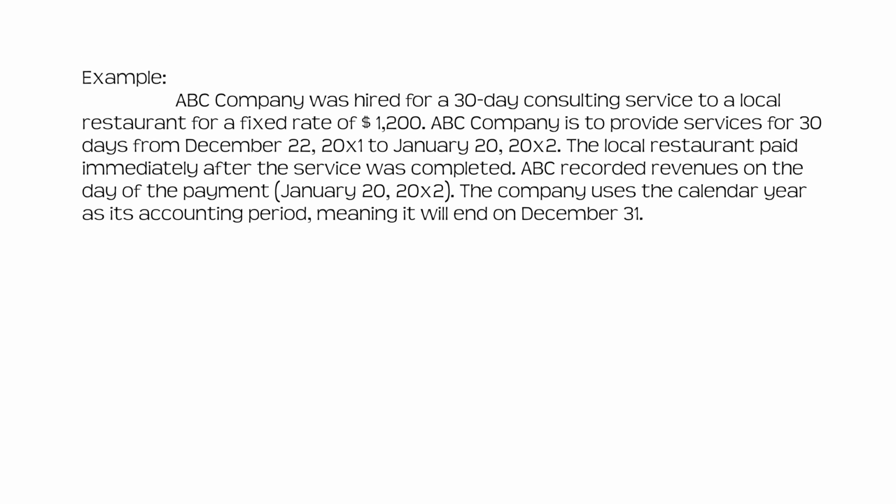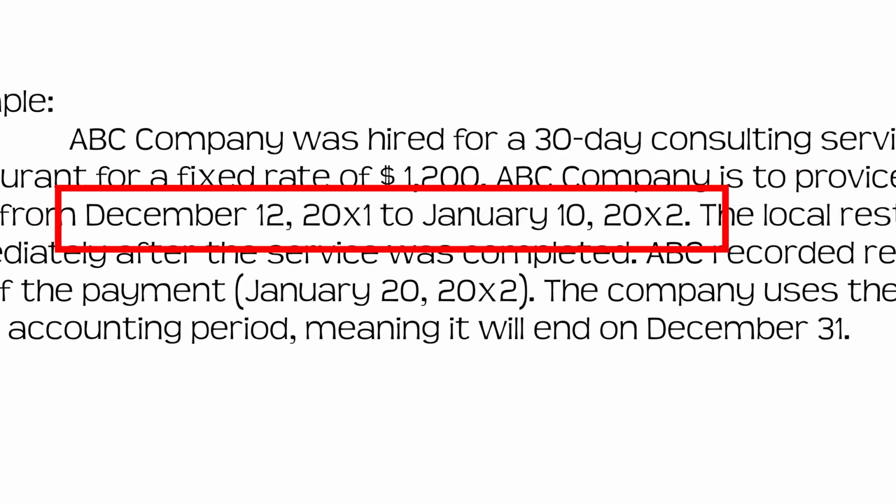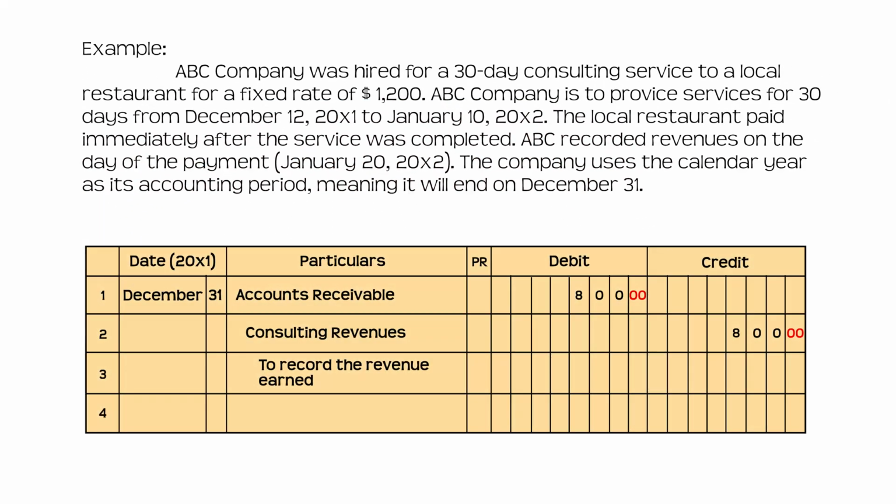What if the 30-day consulting period began on December 12, 20X1 instead of December 22? The journal entry would be debit to accounts receivable and credit to accrued consulting revenue, amounting to $800 derived from 2/3 of the total services.